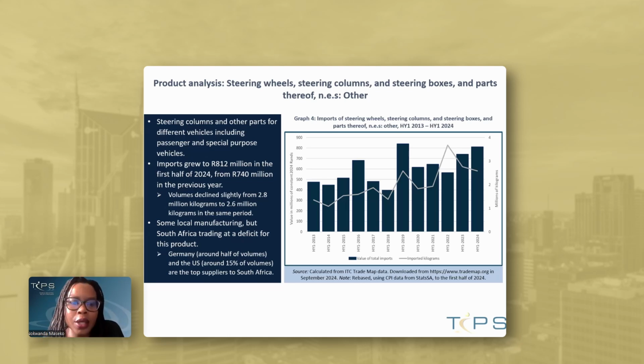As I said earlier, we obviously manufacture these products, but we do trade at a deficit, and hence the amount of imports. These particular products are not designated, but as you see, there are high imports.